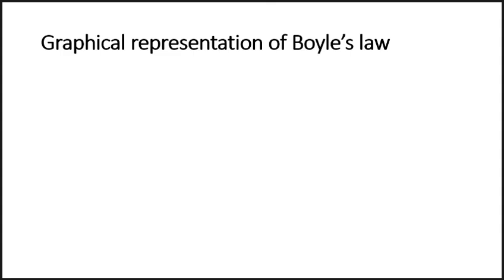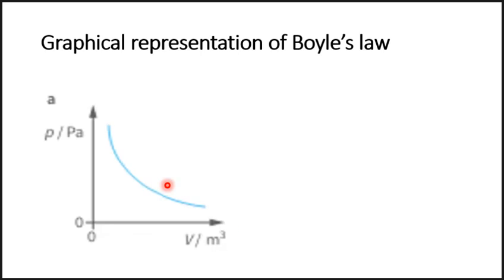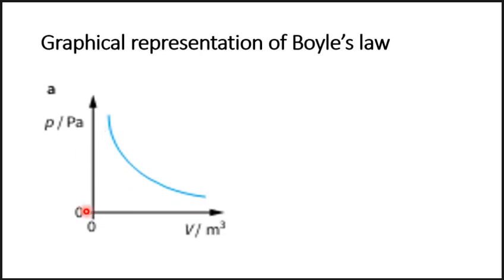Now let's see the graphical representation of Boyle's law. We want to see how we can use a graph to explain the relationship between the pressure and the volume of the gas. Let's consider this graph. Here on the vertical axis, I have the pressure in Pascal and I have the volume in meter cube.